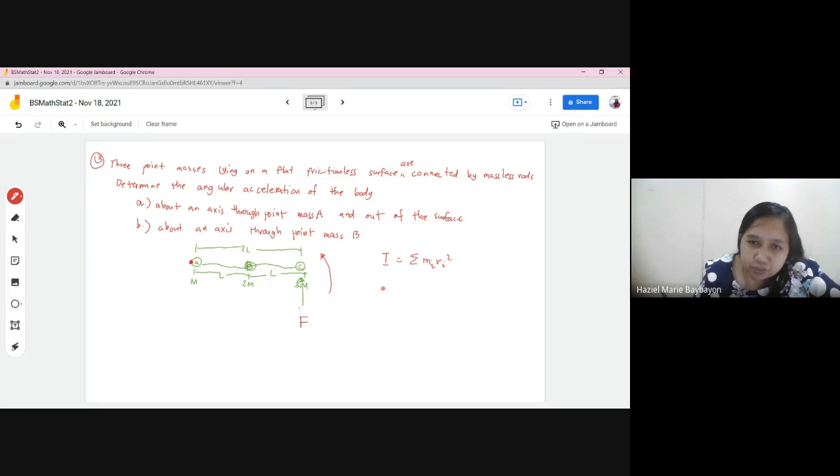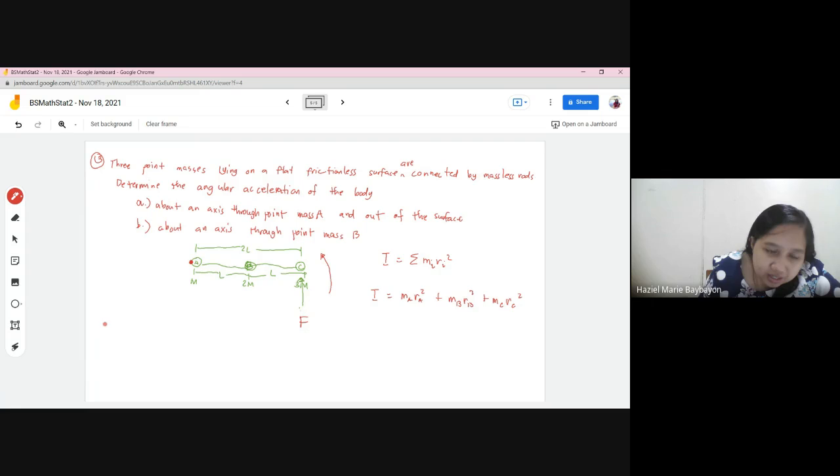Therefore, the moment of inertia for this system, since there are three point masses, is equal to M_A R_A squared plus M_B R_B squared plus M_C R_C squared. Okay, so for the first system, System A, our axis of rotation is through point mass A. So, it rotates here. Okay?